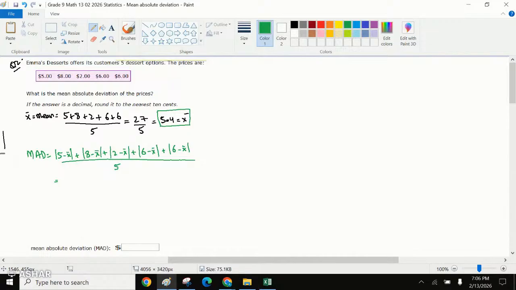That means 5 minus 5.4 is 0.4, we write it as positive. 8 minus 5.4 is 2.6, it stays positive. 2 minus 5.4 is negative 3.4, but since it's in a modulus, we write 3.4. 6 minus 5.4 is 0.6, and 0.6, and it has to be divided by 5.